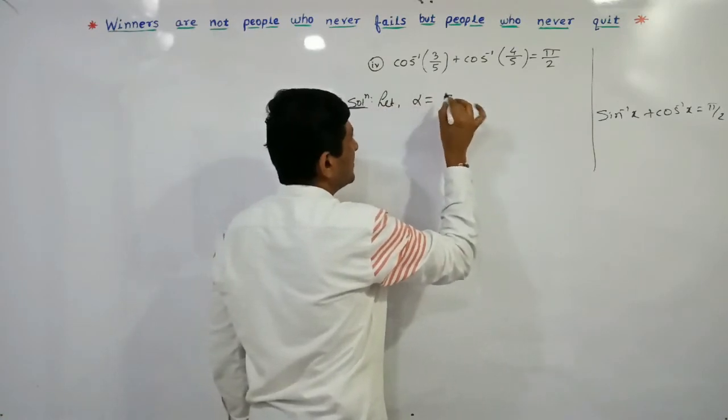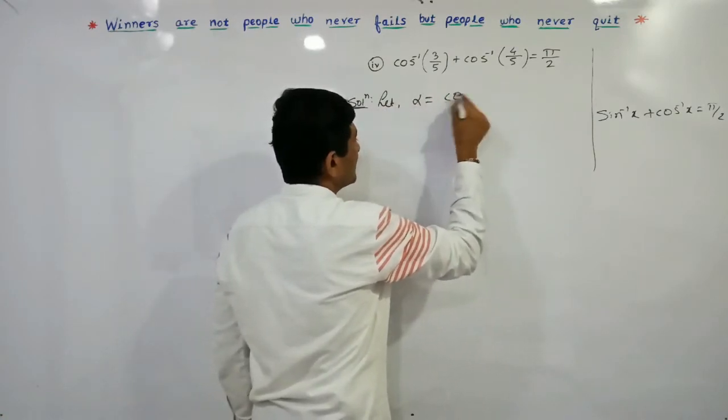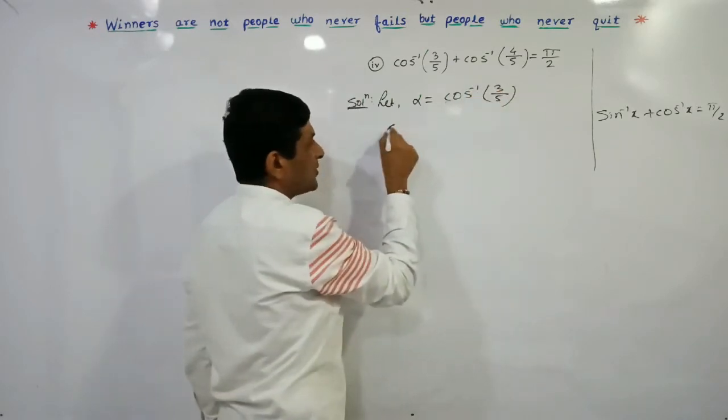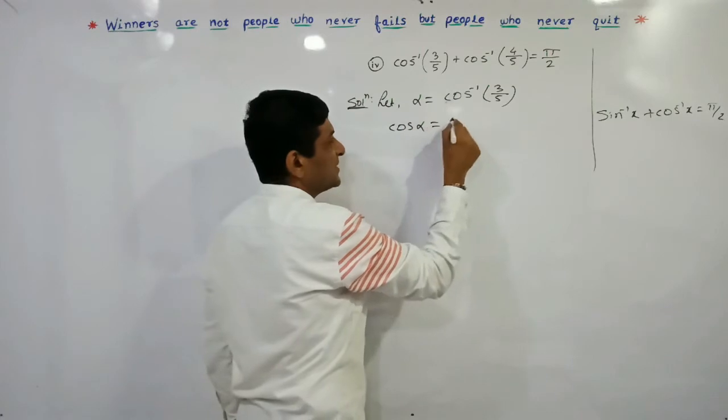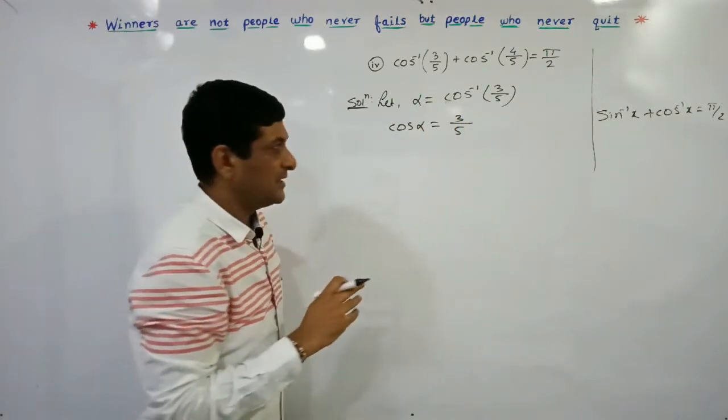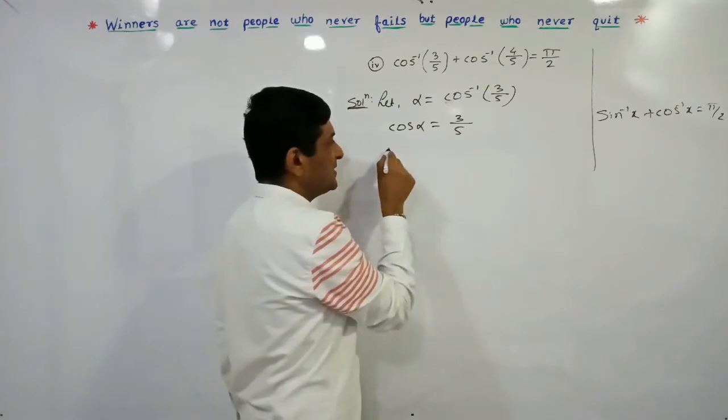Let alpha is equal to cos inverse of 3 by 5. If we take cos on both sides, cos alpha is equal to 3 by 5. Now convert this cos in terms of sine.